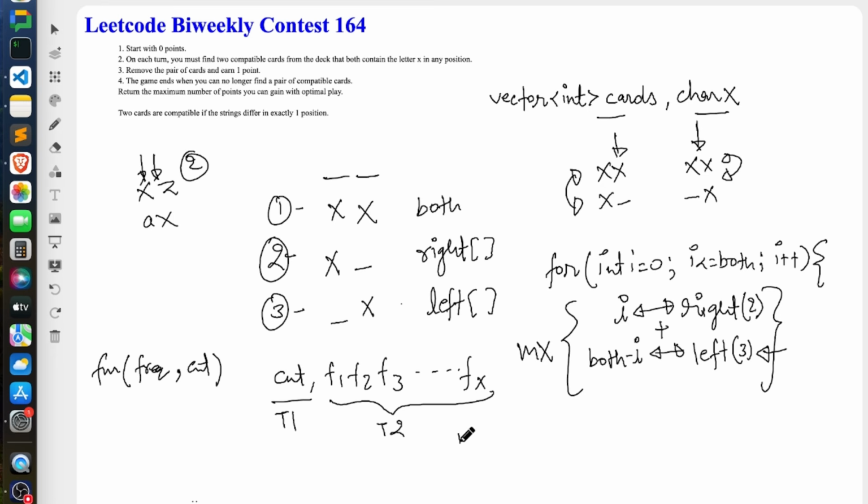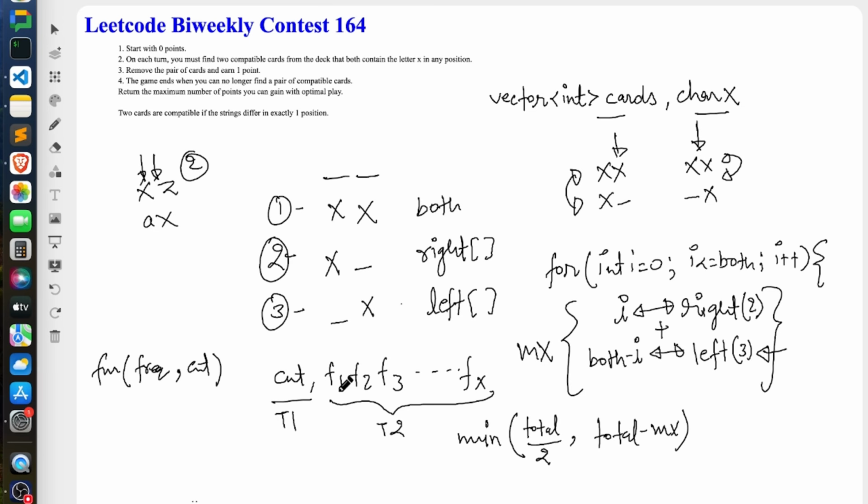That would be the minimum of total, where total is the sum of all these cards, total divided by 2, comma, minimum of this, comma, total minus mx. So mx is the maximum frequency of any one of the type 1 or type 2 cards.